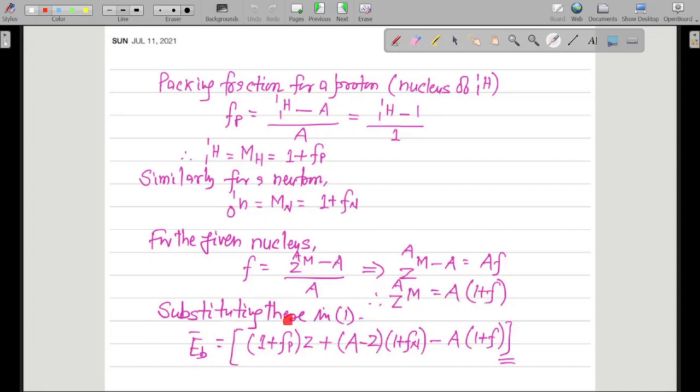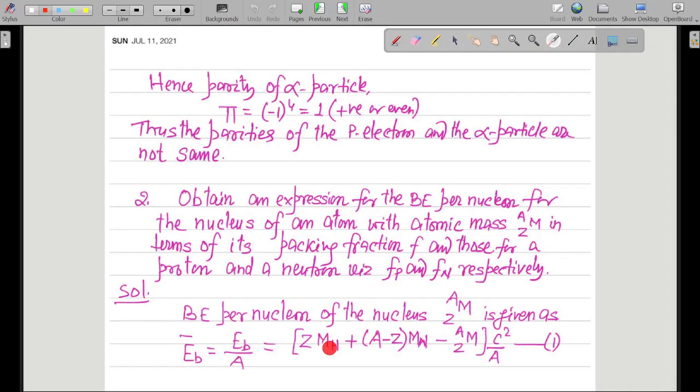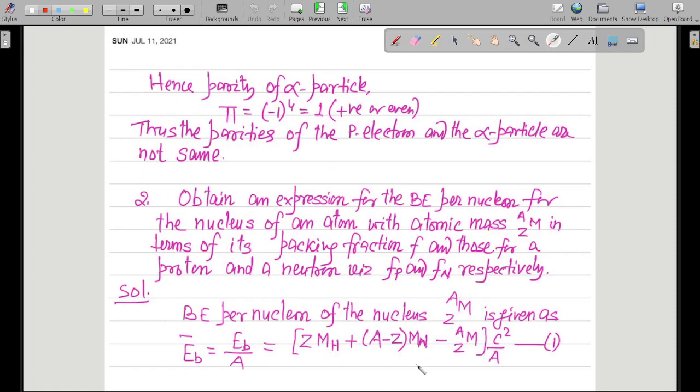So substituting these values in equation 1, what do you get? Instead of ₁H¹ and M_H, we substitute 1 plus F_p over here. Then M_n equal to 1 plus F_n, so substitute 1 plus F_n in the place of M_n.